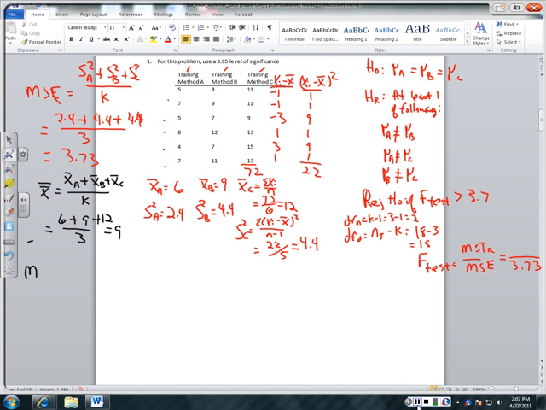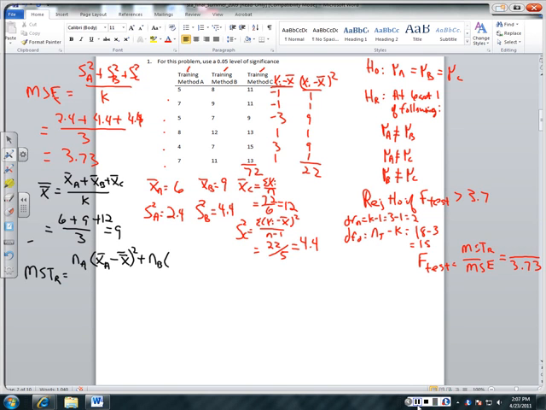So the mean square treatment is going to equal NA, the size of group A, times x bar A, the mean of group A, minus the overall mean squared. What we're actually doing here is for each of the 3 sample means, just how far apart are they, except we're getting that by the distance from the mean of the means for each one of them.